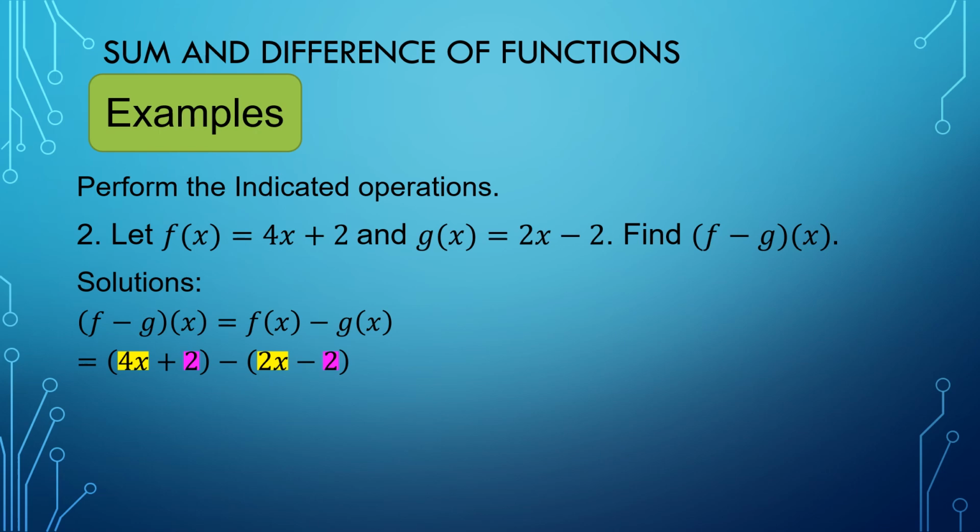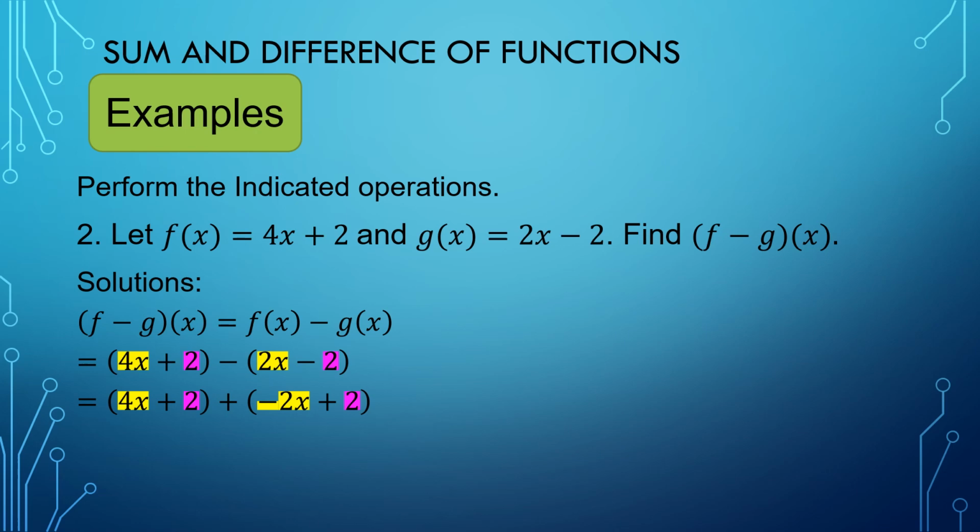So we have 4x plus 2 minus the quantity 2x minus 2. So we have 4x plus 2 plus the negative of 2x minus 2. Why?